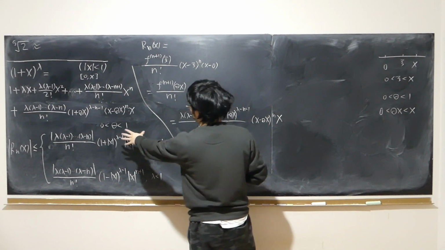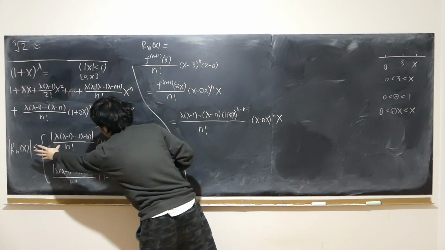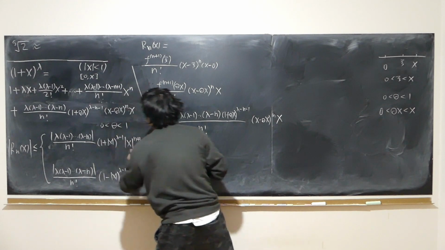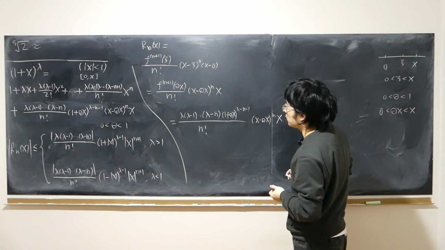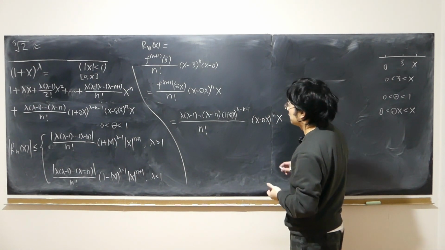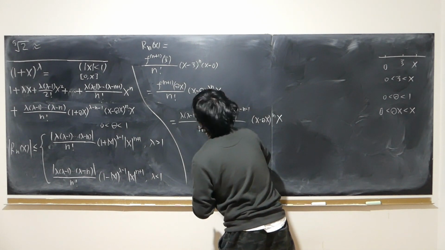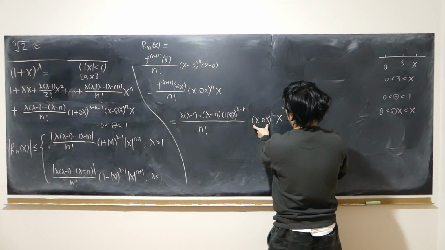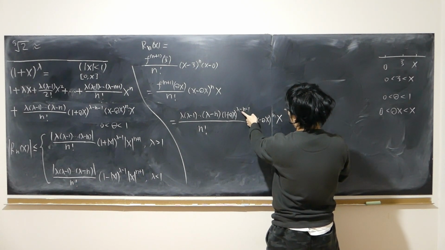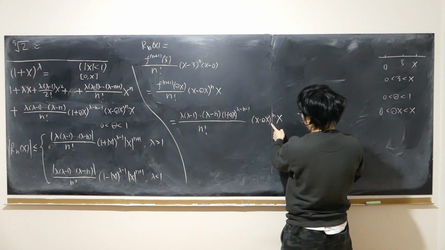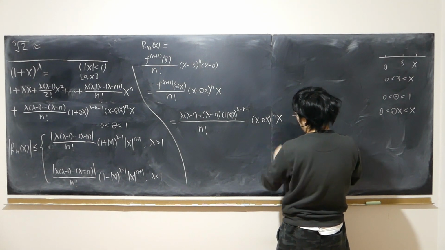Then I have to estimate the absolute value of the Cauchy remainder. First of all, the negative power, minus n, I should put down on the denominator.